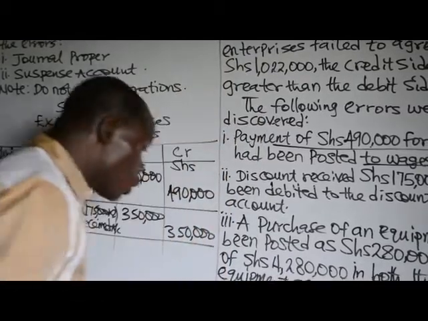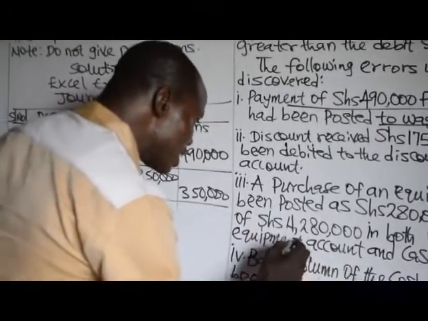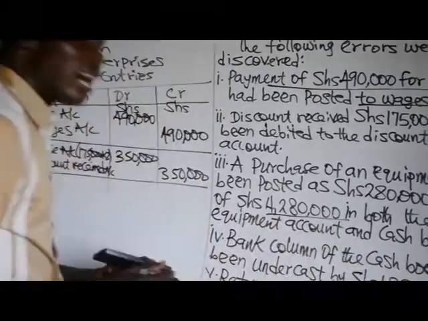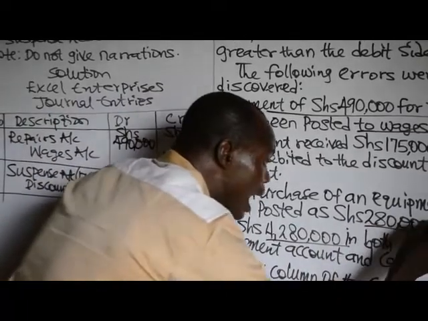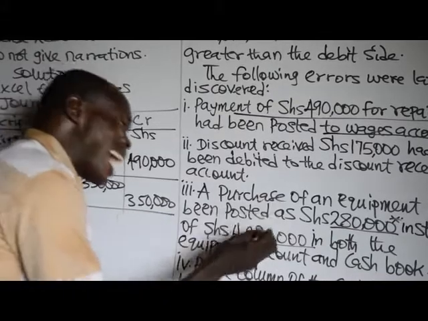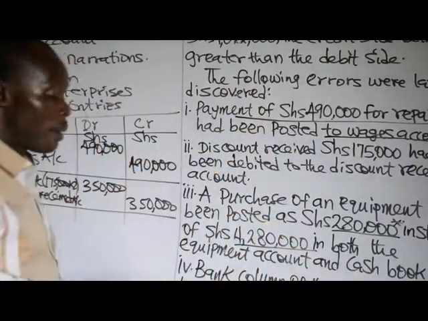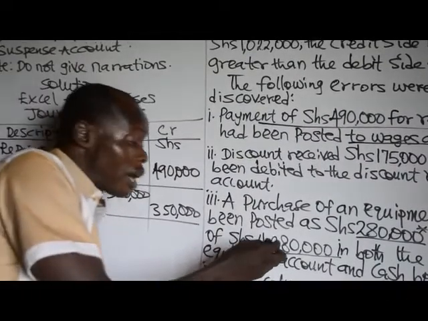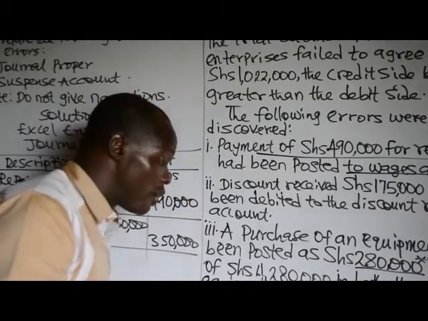Instead of you debiting the equipment account with the sum of 4,280,000, you have debited the equipment account with the wrong amount of 280,000. That means the equipment account and the cash account has been undercast by the sum of 4 million. Because if you have 4,280,000 minus 280,000, the difference will be 4 million.